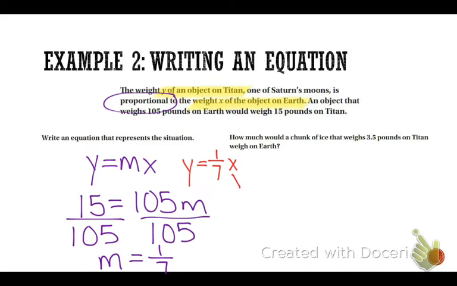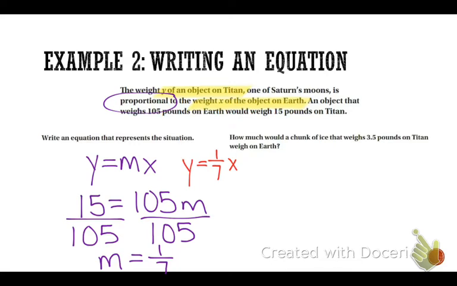What does X stand for? The weight on Earth. So here's what it's telling me: the weight on Titan is 1/7 of the weight on Earth. Whatever my weight on Earth is, I divide it by 7, and that gives me the weight on Titan. That gives me the rate.